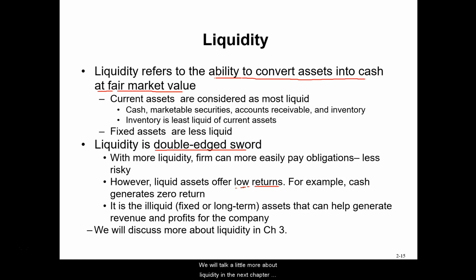We'll talk a little bit more about liquidity in the next chapter when we study the liquidity ratios. At this point, you just need to understand that very low liquidity can be risky, but too much liquidity may not be a good thing for the company either.